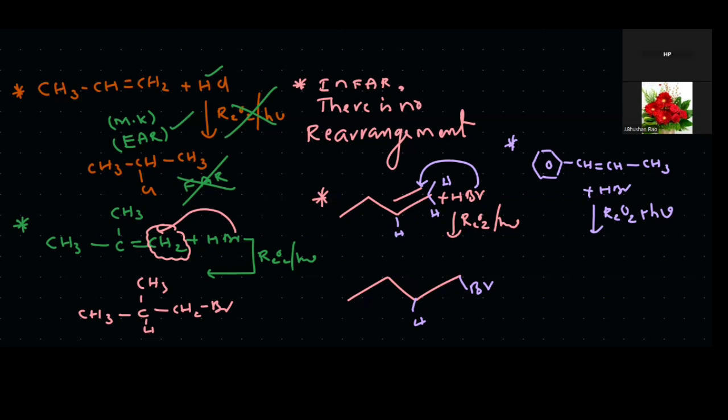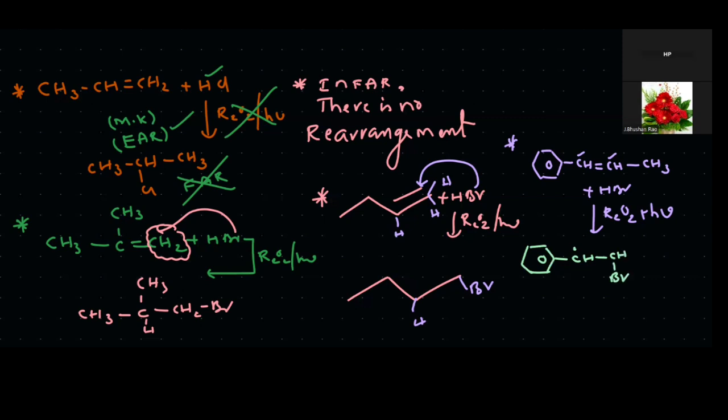Here the double bonded carbon atoms each have one hydrogen. If a bromine free radical attacks here, the other carbon gets the free radical adjacent to benzene. That is the more stable form. Now I will show you that stable form also: free radical, CH Br CH3.